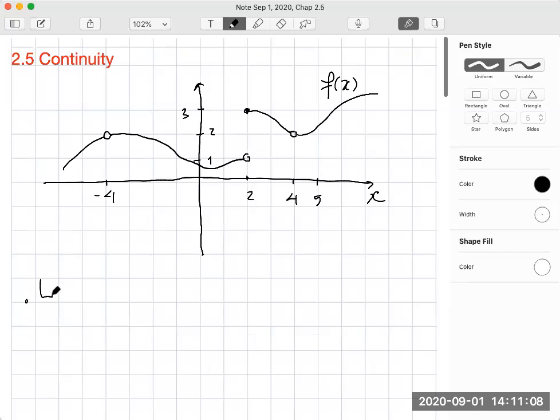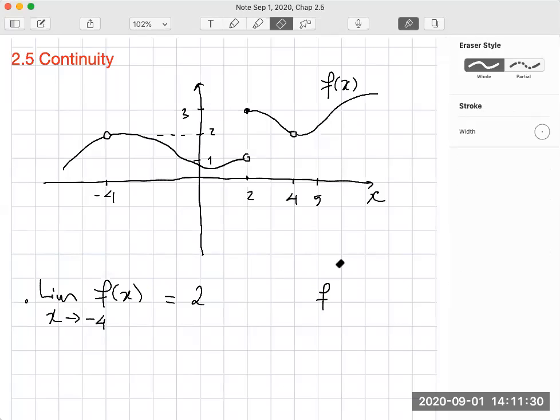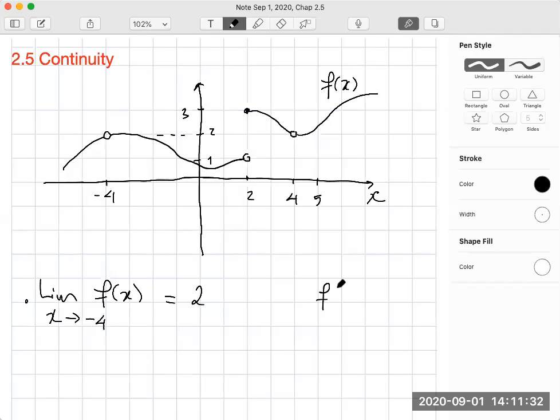So tell me, what is the limit of the function f of x when x approaches -4? Perfect, 2. How about the value of f of -4?